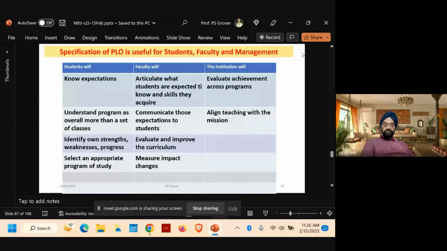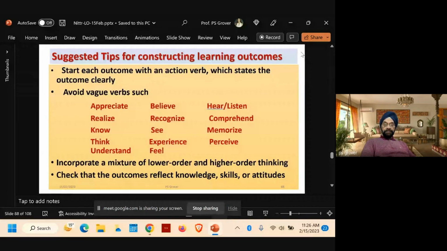So the reason I'm saying all this is that for each program, we need to formulate the program outcomes using Bloom's taxonomy. To sum up, Bloom's taxonomy enables us to decide what is to be emphasized for the development of the human brain and of human competencies, and so on.